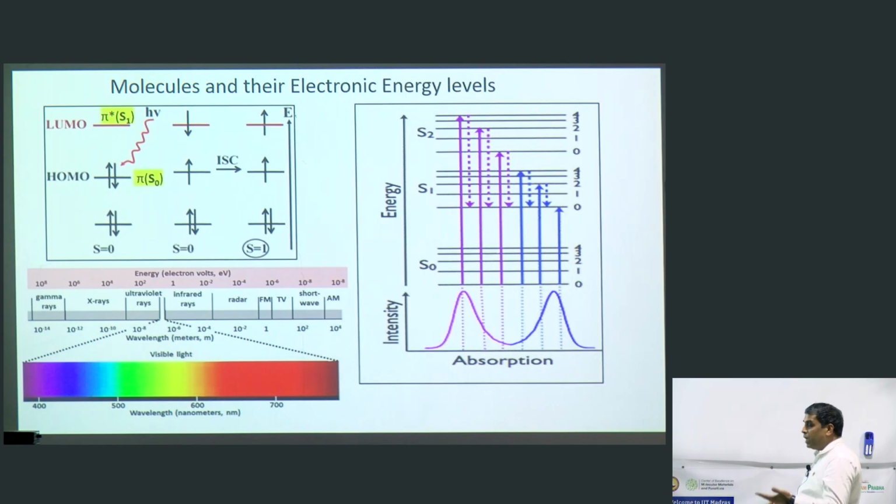Now, as we excite the molecules, as Professor Patra was also talking about in the morning, whenever we have the molecule in the excited state, it has different types of relaxation processes, and these relaxation processes can give you different types of signatures, and one of them is the luminescence, right?